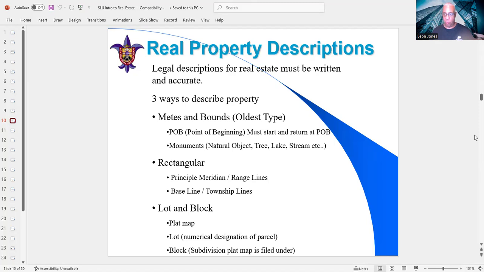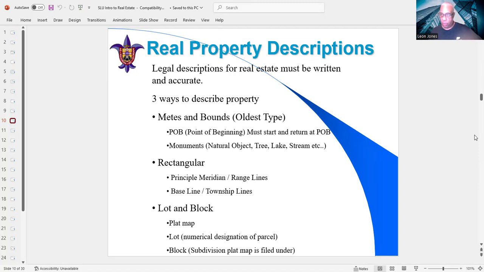Basically, a full township is 36 square miles. So you have each block, which is 640 acres. And then a quarter is 160 acres. And then we reach down to a lot and block, and that's on your plat map. Your plat map has everything on there with the lot.